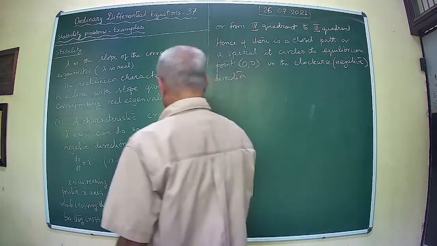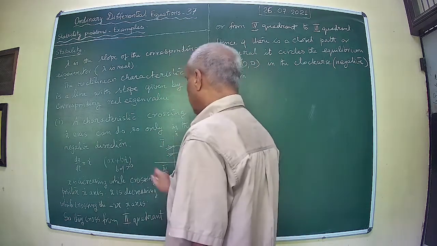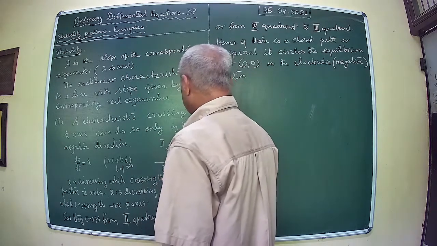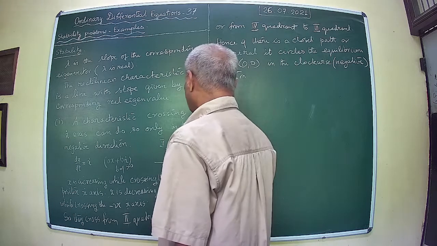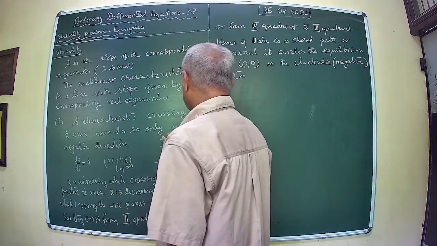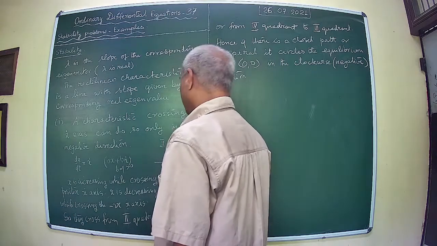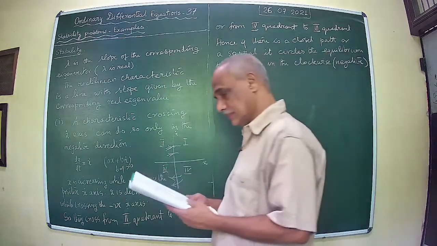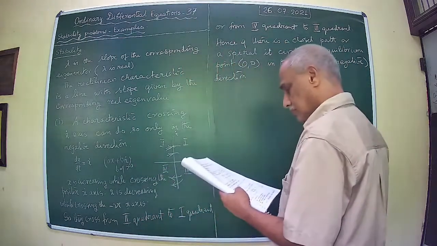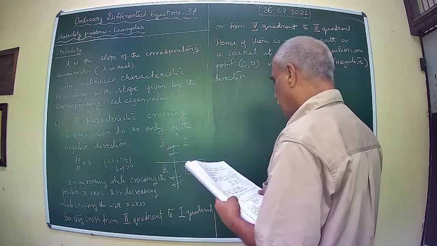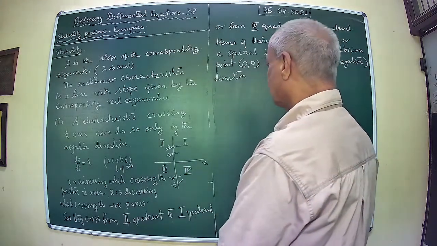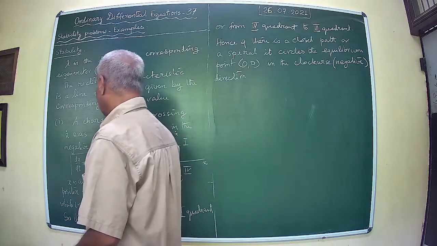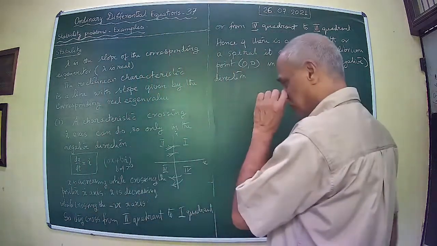So if you have a closed path, it will be always moving in this direction, and if you have a spiral, then it will be always moving in this direction, or something like this. It is closing in, then it will be always moving in this direction. Always the direction is going to be in the clockwise direction in this case. Okay. So there, of course, the values of q and k do not matter. Okay, because it is just using this information dx by dt is equal to x dot.